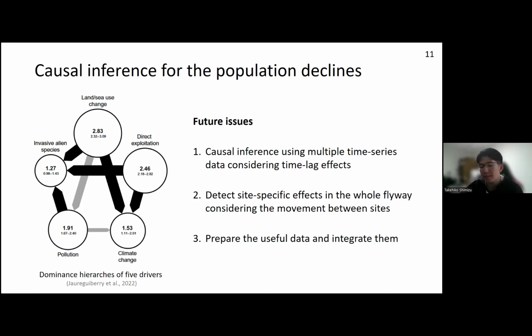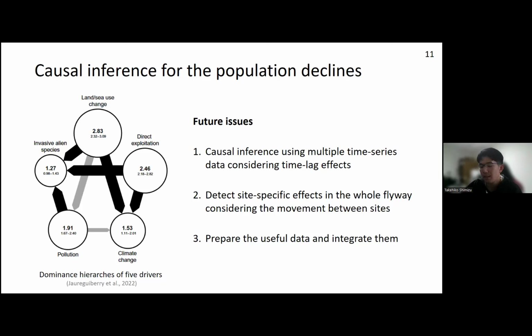Nevertheless, few studies consider multiple factors simultaneously in a broad extent, such as shorebird flyways. I acknowledge that untangling the complex factors behind shorebird population decline is extremely difficult. However, this topic is one of the most important unsolved issues.